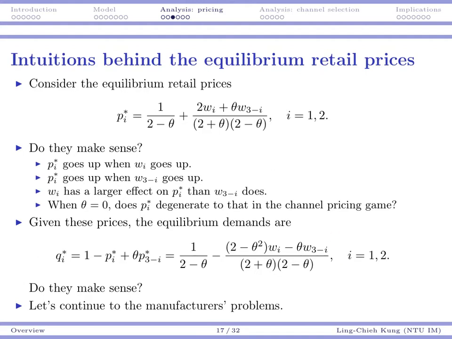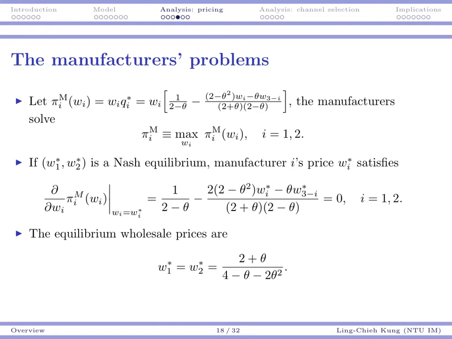This can also be explained. Now let's move on to the manufacturer's problem. For the manufacturer, they want to maximize this, and we have Qi* now. We plug that back in, so we can see manufacturers 1 and 2 are affecting each other, because when I change my wholesale price, that's going to affect your demand.